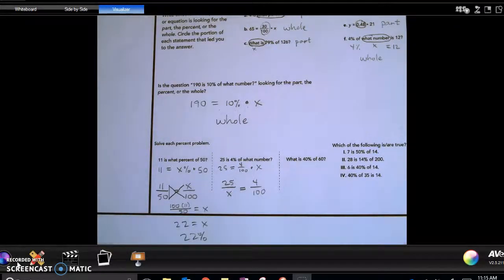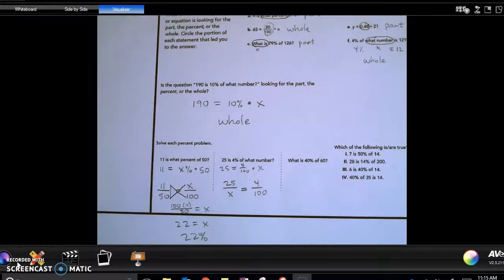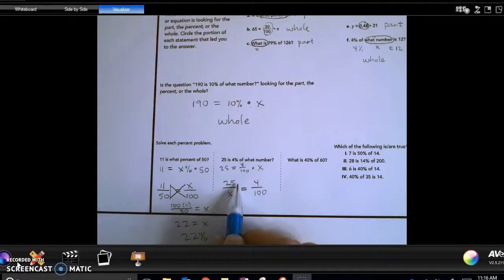So now I can use cross products or my little fishtail method. I'm going to start with the number next to x, so 25, and I'm going to say multiply, divide, equals. So 25 times 100 divided by 4 equals x.